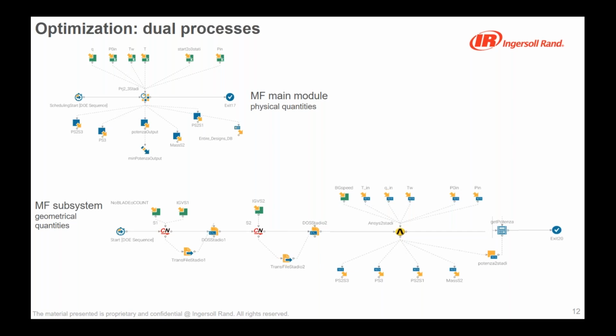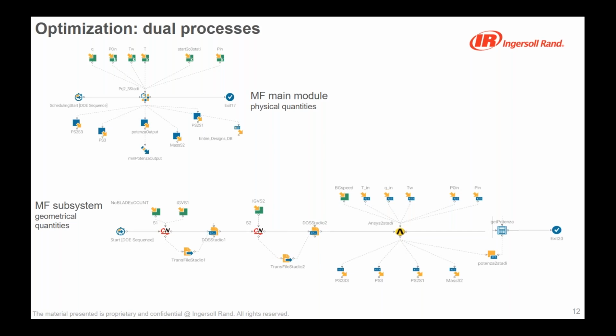In this specific case, I'm going to have two modeFRONTIER modules. The one that I call the main module is the one that really governs the entire system, where I decide to set which are my physical quantities that govern the problem, and I'm going to define my objective. So I would like to reduce the power. In this specific case presented here, this is the two stages that we were seeing before.